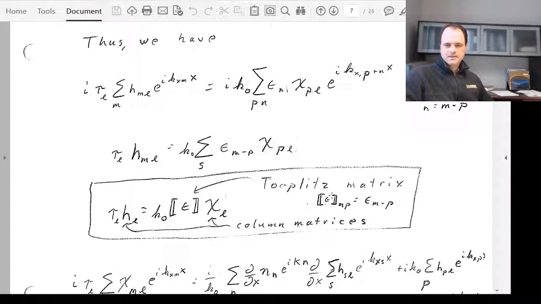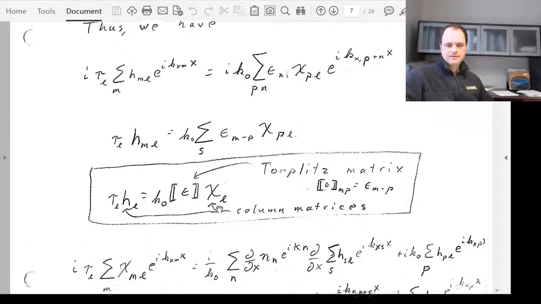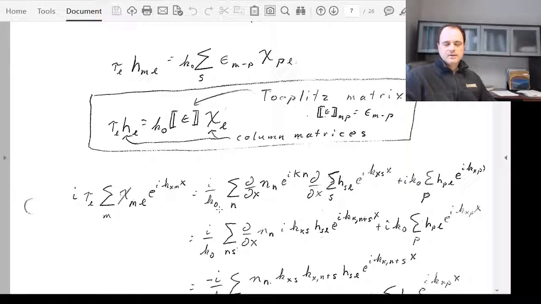All right. So we define a square matrix called the Toeplitz matrix, and then we have a value. This is going to be the eigenvalue, as we'll see here in a moment. h_L is equal to K, Toeplitz matrix of epsilon, chi sub L. All right. So that's that equation.